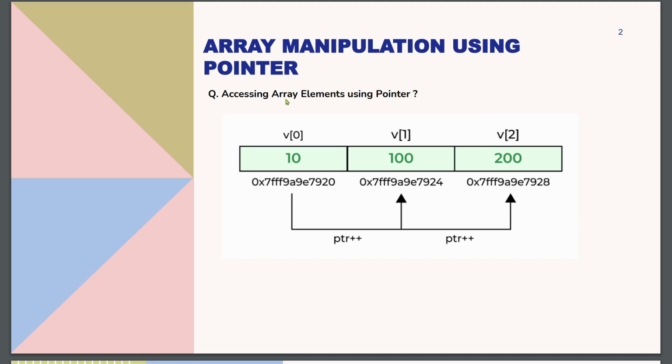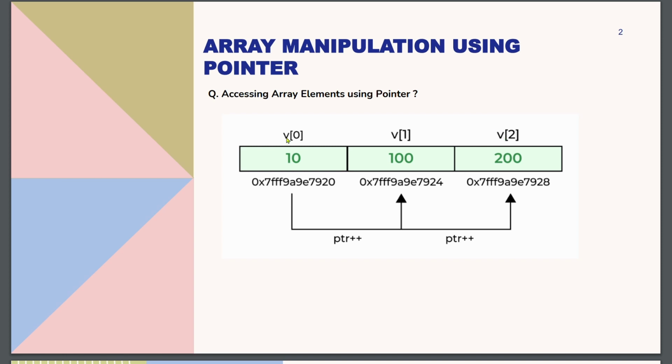What is an array? An array is something in which we store elements of the same data type. Here is an array of size 3 and we store the values 10, 100 and 200. These are at the 0th index, first index and second index.